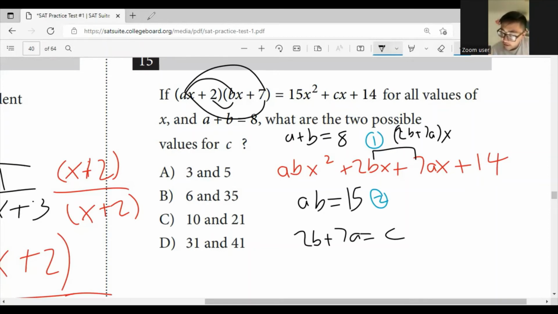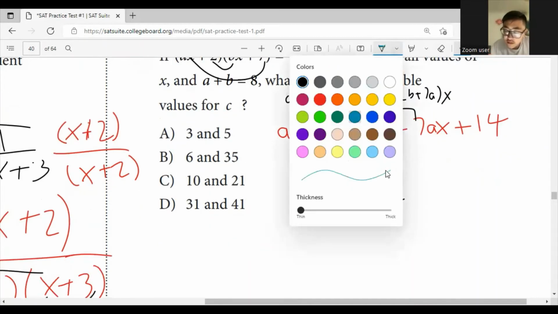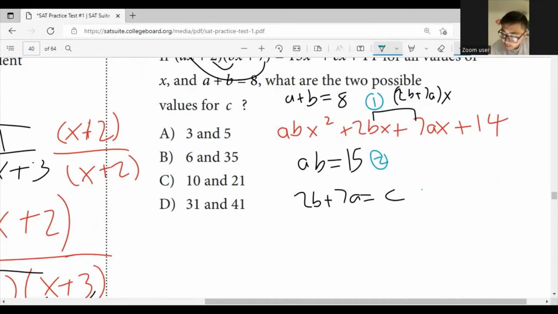And I have no idea what 2b plus 7a is, but I know that will be the value of c if I add these two together. I just factor out an x when I combine them, if that makes sense. Okay, so that's the third thing I know. Now that might not seem helpful, but it will soon.